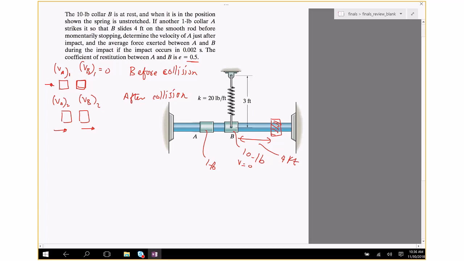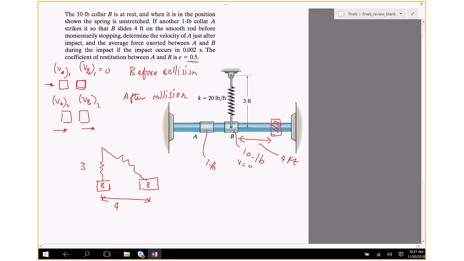And so eventually, because B has a non-zero velocity to the right, VB2, it's going to start moving to the right. However, the spring is going to stop it from hitting the wall on the right. The spring is going to slow it down, and so eventually, if this is the initial position, this is going to be the final position. This is B.